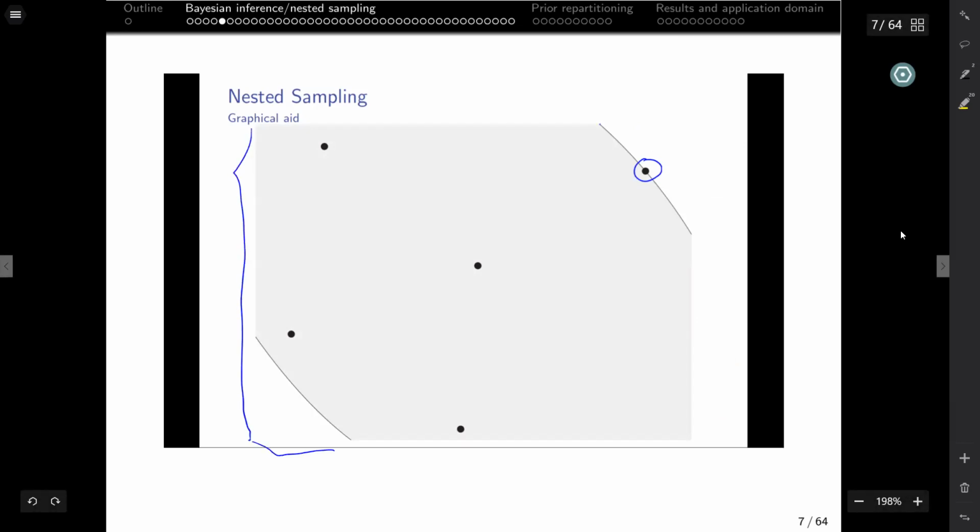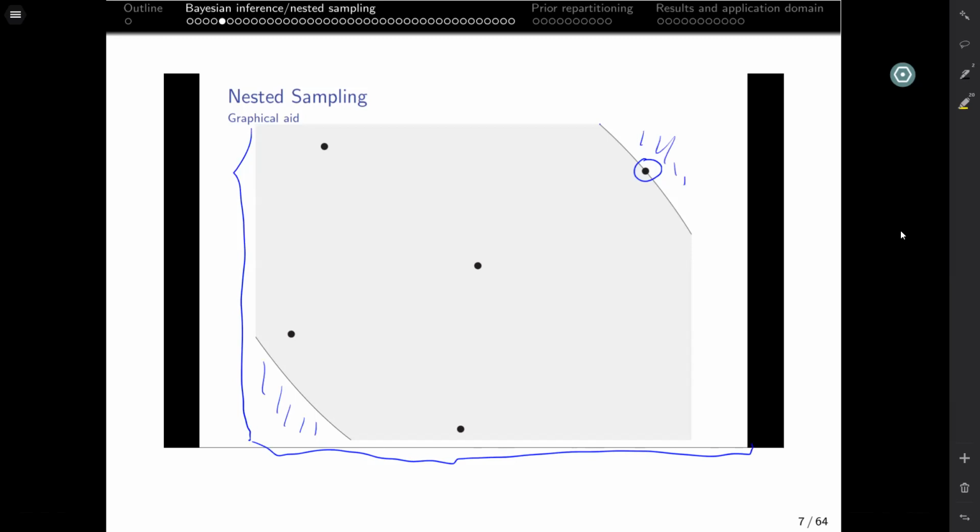Originally, that's a unit prior space, including this region and this region. But then we will be able to constrain it to the gray space bounded by this line and this line. And these 2 lines should have the same likelihood value as this point we drew, which is the lowest one.